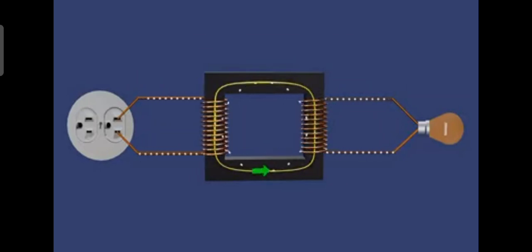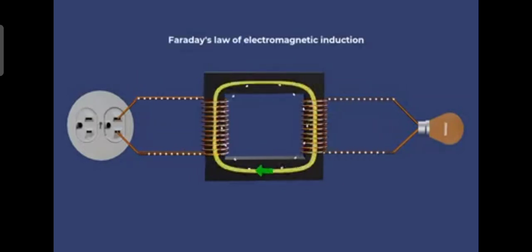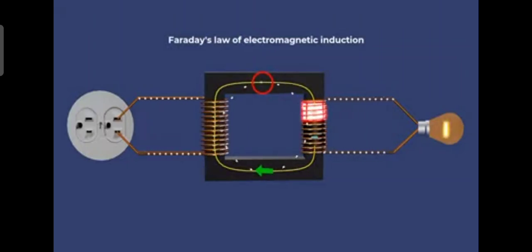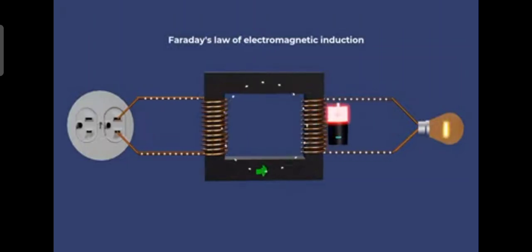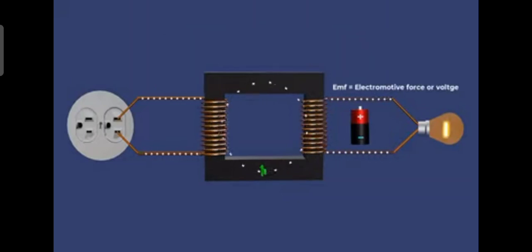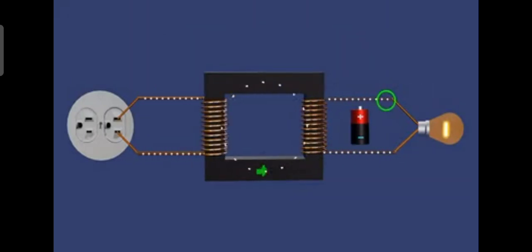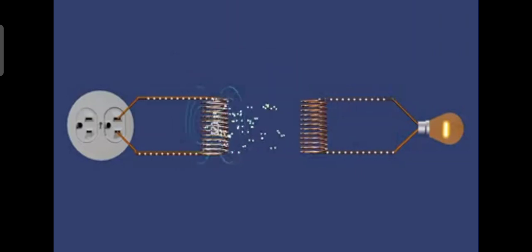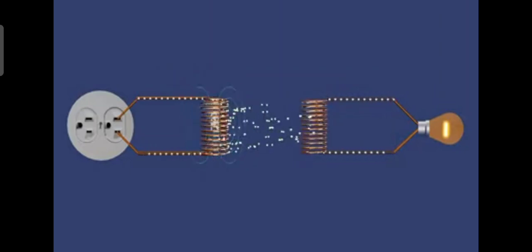According to Faraday's law of electromagnetic induction, this varying flux generates a varying electromotive force, or voltage, in the secondary winding. The EMF induced in the secondary coil causes a current to flow in the load. The changing magnetic field is the key to the transformer's operation, allowing energy transfer between primary and secondary coils.